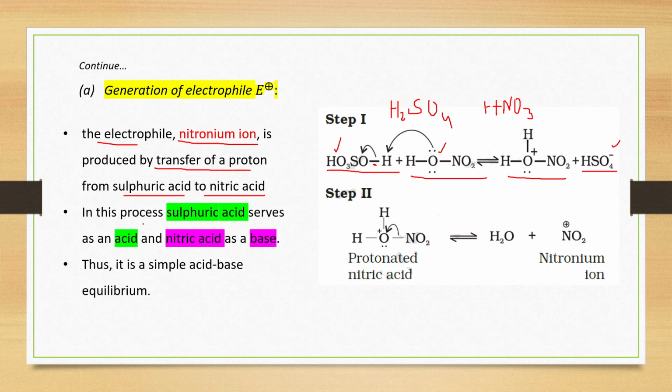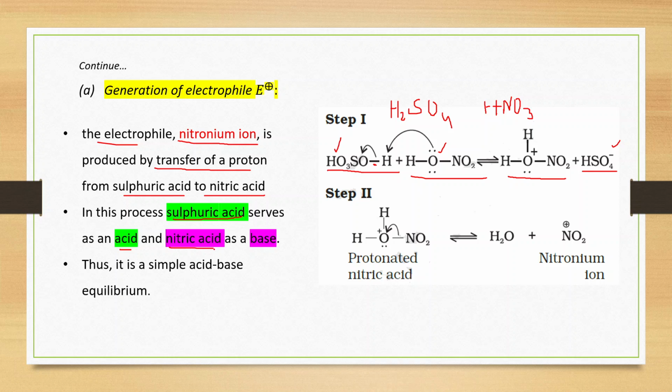Now in this reaction, sulfuric acid serves as an acid because it donates the proton, and as per the Bronsted concept of acid and base, proton donors are acids. So in this case, sulfuric acid is acting as a Bronsted acid, and nitric acid is accepting that proton.